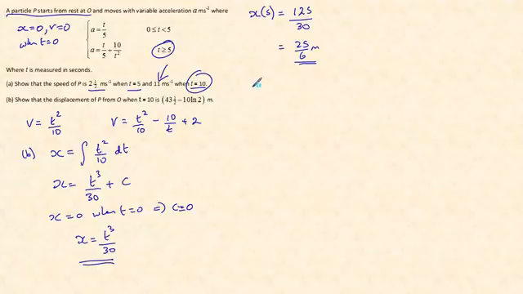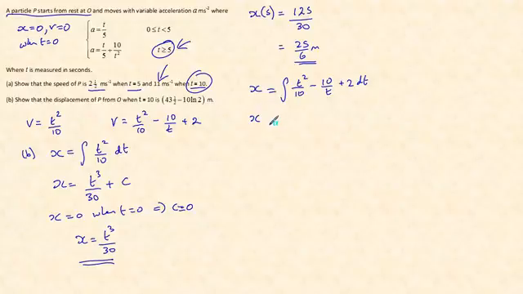So, now we want to look at x beyond 5 seconds. So that's going to be the integral of t squared over 10, take away 10 over t plus 2.